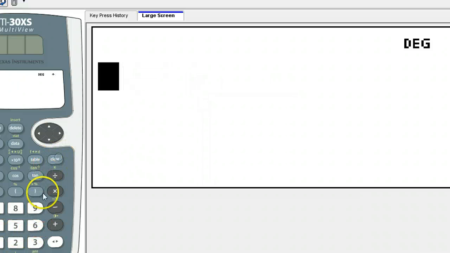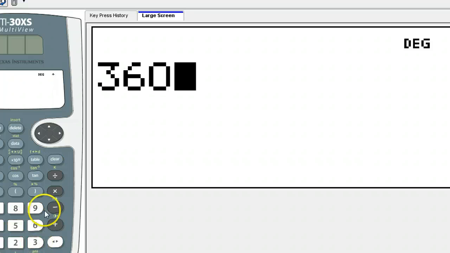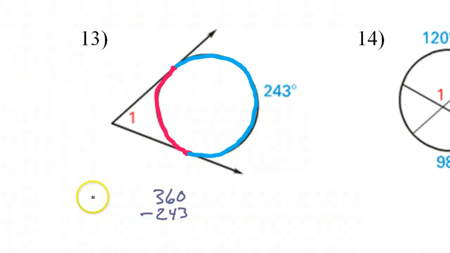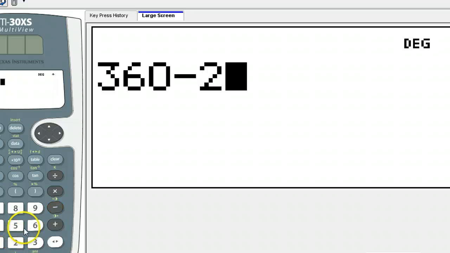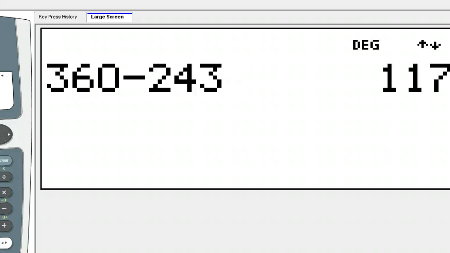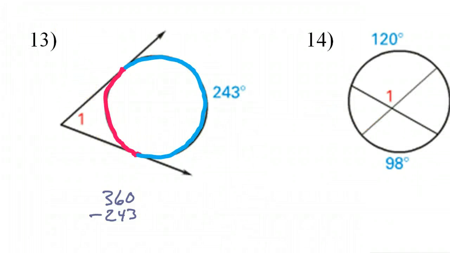I'm sorry, 360 minus, what was it, 243. Okay, that is 117 degrees. So that tells me that the fuchsia arc is 117 degrees.